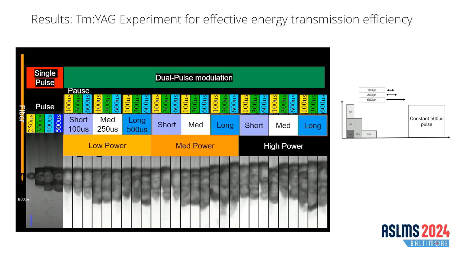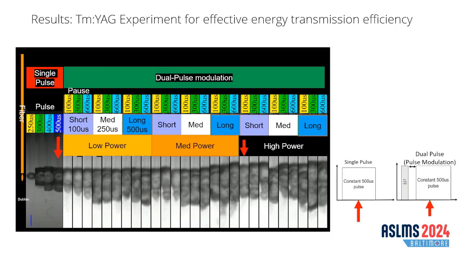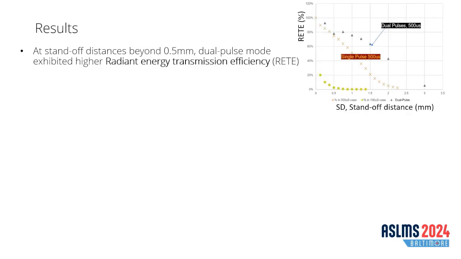Like I mentioned before, for the simplicity case, we just compared two cases, the dual pulse modulation that's shown in the red arrow here, and the single pulse modulation, which is shown in the red arrow here. Comparing the two and measuring the effective radiant energy transmission at different standoff distances, what we noted was the dual pulse modulation offers a higher radiant energy transmission into the stone.